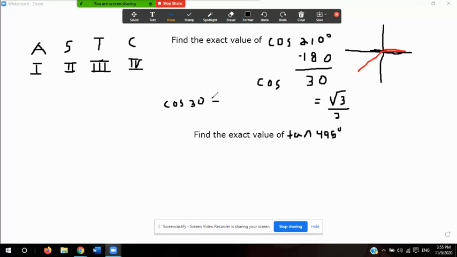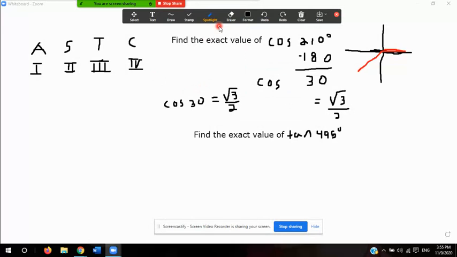However, remember that we are using the All Students Take Calculus shortcut to determine the sign. If we look at 210, we know that the terminal side is in quadrant 3, meaning that the only trigonometric function in quadrant 3 that is positive is the tangent.